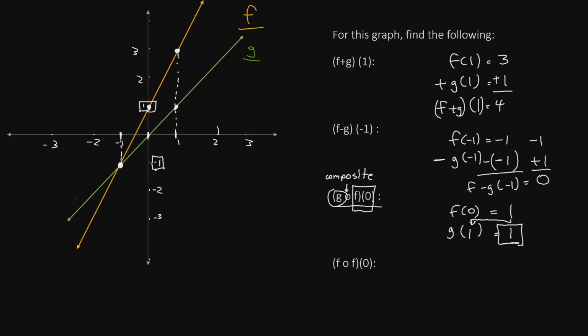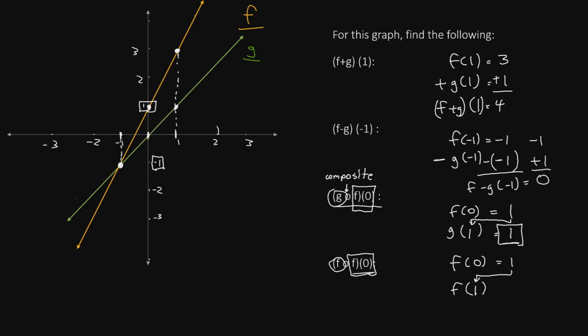In the next example, we have f composite f at 0. So let's first start on the inside, f at 0. We found previously that was 1. Now we go to the next letter. We have an f next, and we pass in the answer we just got. That's 1.